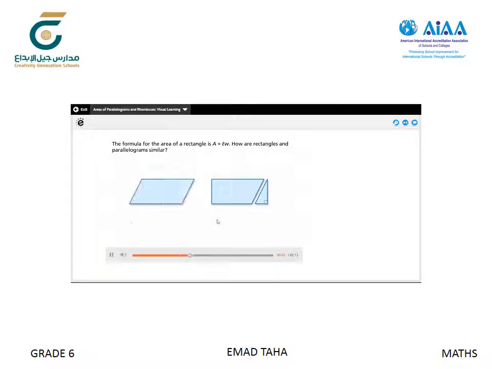How are rectangles and parallelograms similar? Both have two pairs of opposite sides that are parallel and the same length.